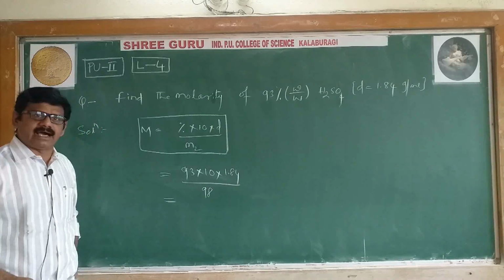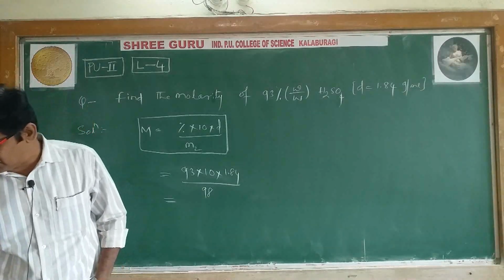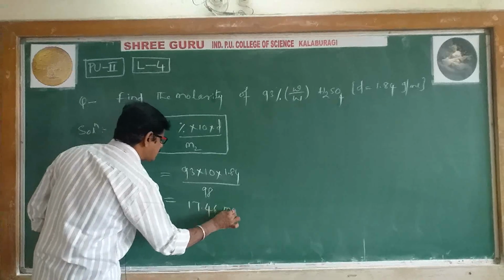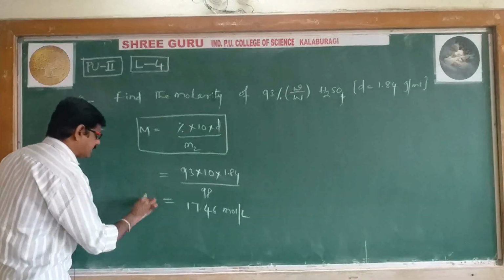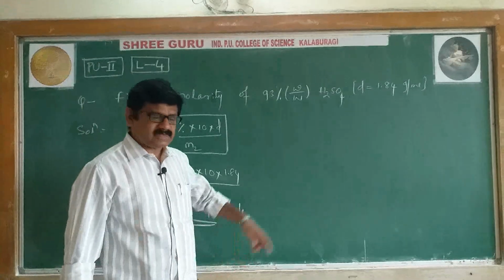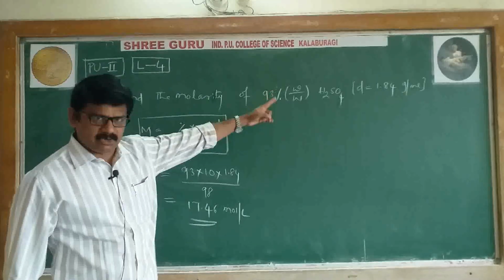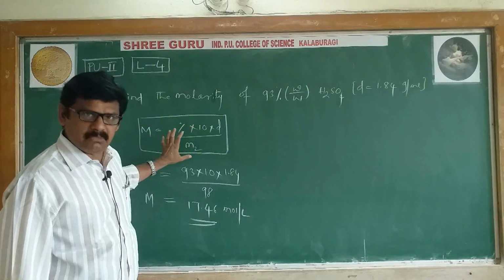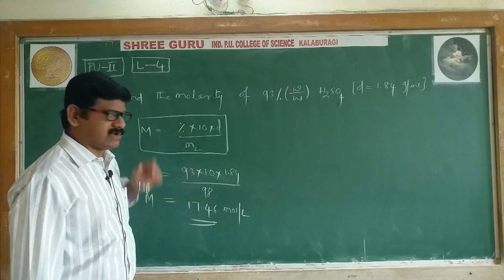If you simplify this value, you will get 17.46 mole per liter. It is nothing but the molarity. Right. Means if W by W percentage is given, this is the method to find the molarity value. It is a direct formula only.